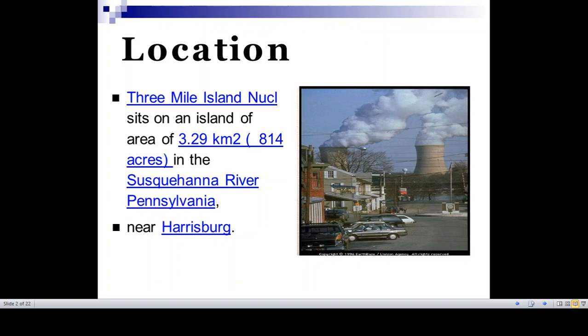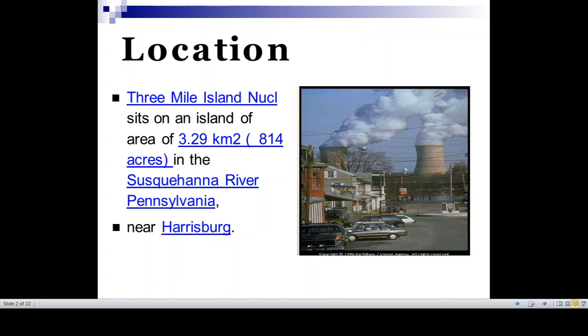This 3 Mile Island accident took place on an island around 10 miles from Harrisburg. Basically this was near a river called the Susquehanna River, near Harrisburg.